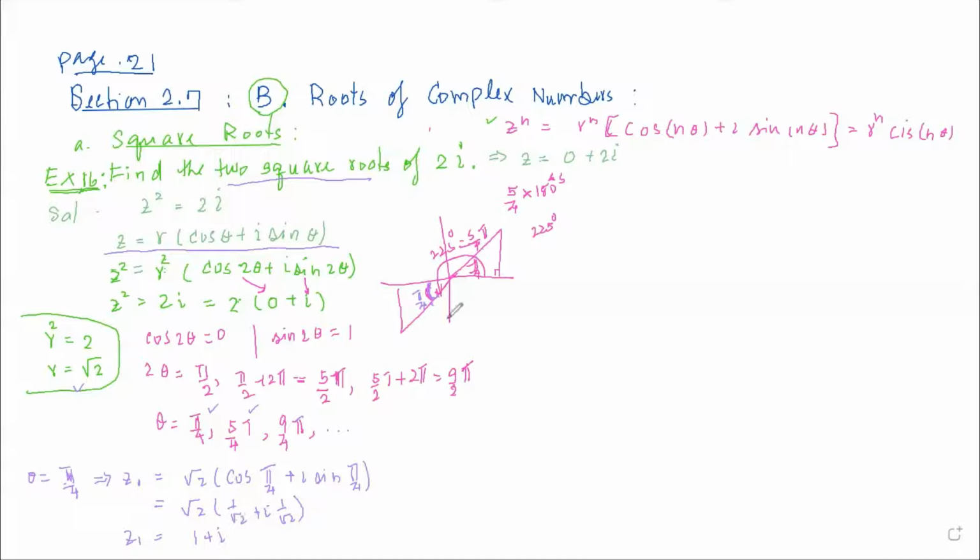Okay, so at the same time, you can find the second one. So if we use this color, maybe. The second one, if theta equals 5 over 4 pi.